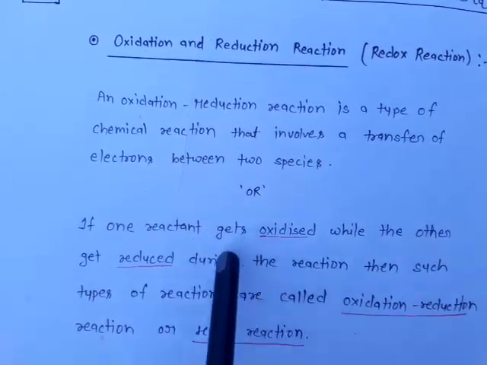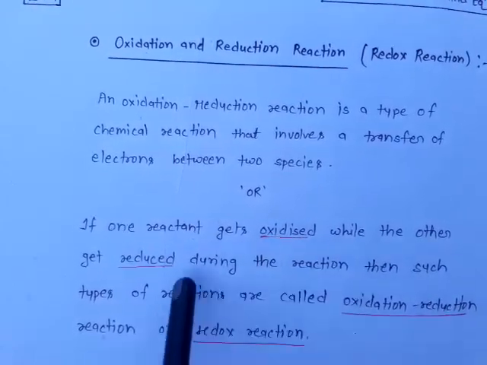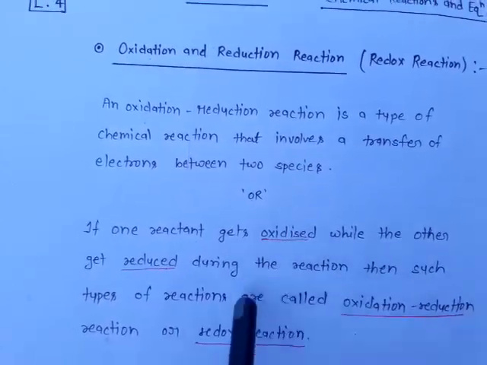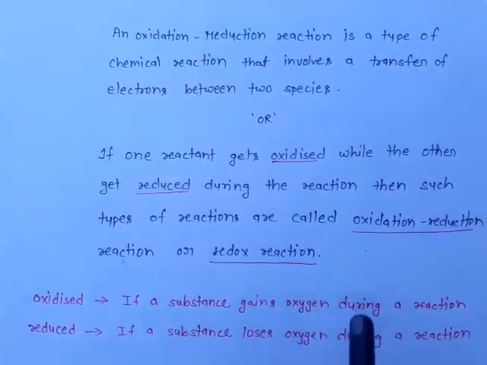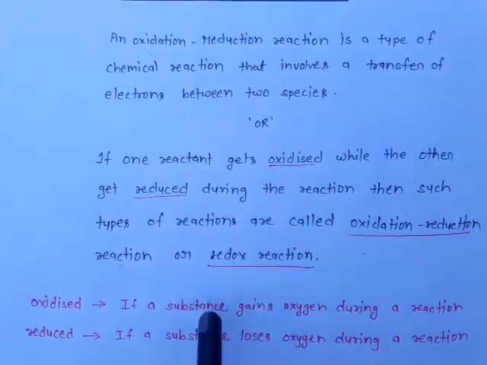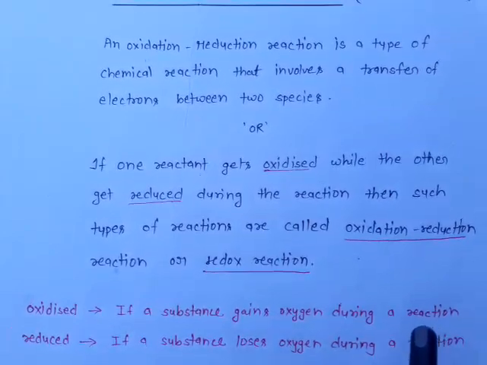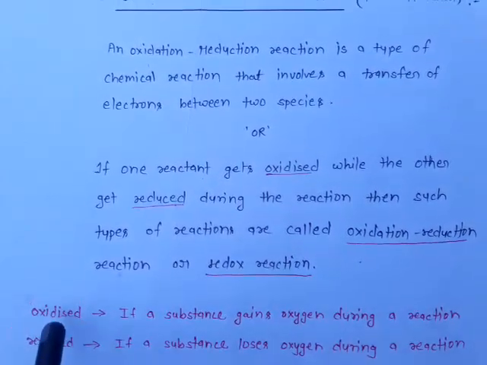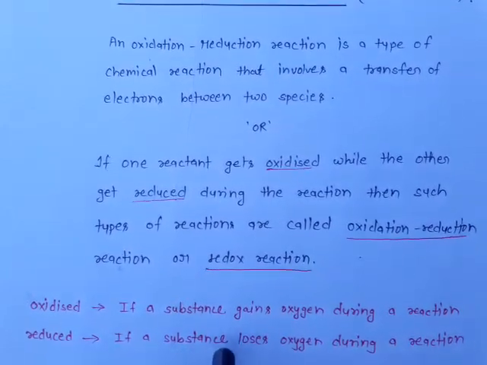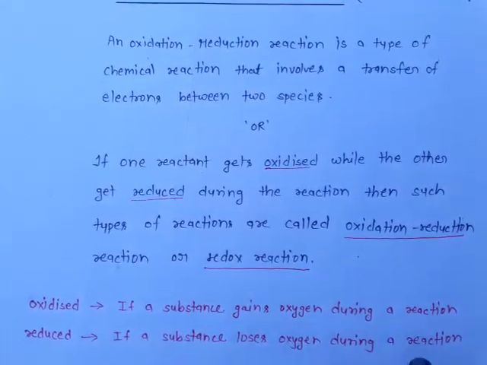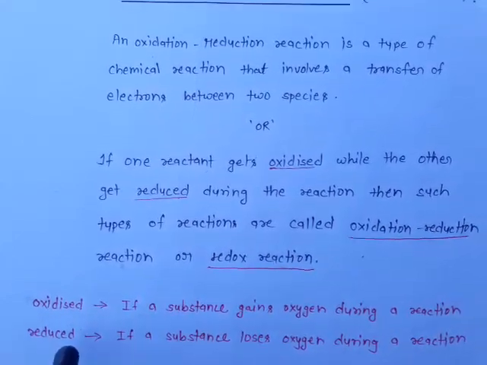Now here two new terms are involved, oxidize and reduce. What is oxidize? If a substance gains oxygen during a reaction, then we say it is oxidized. And what is reduce? If a substance loses oxygen during a reaction, then it is reduced.